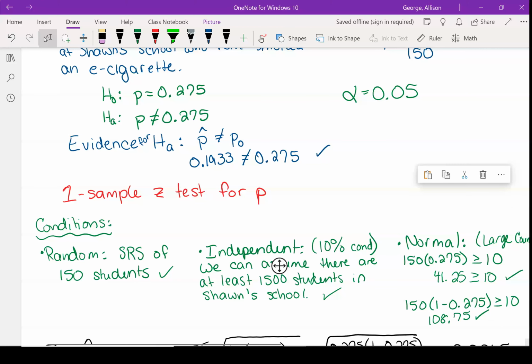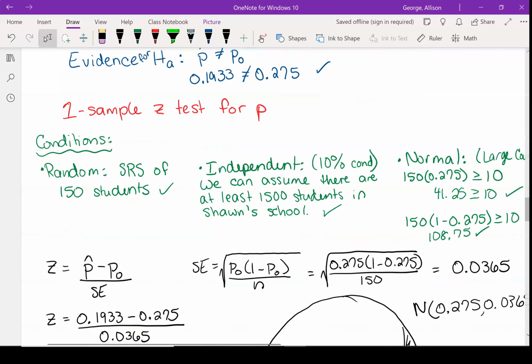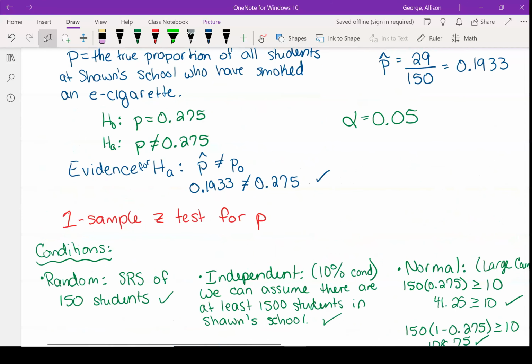For random, they told us that Sean took an SRS of 150 students. So we're good there. For independence, the 10% condition, we can assume that there are at least 1,500 students in Sean's school. They're saying it's a large suburban high school. Odds are 1,500 seems absolutely reasonable for at least.